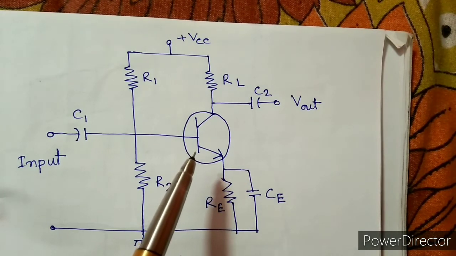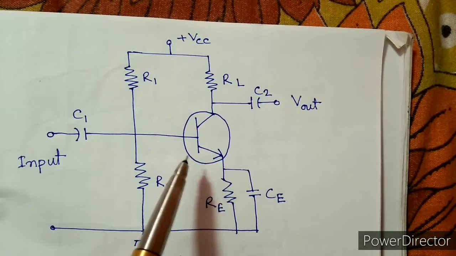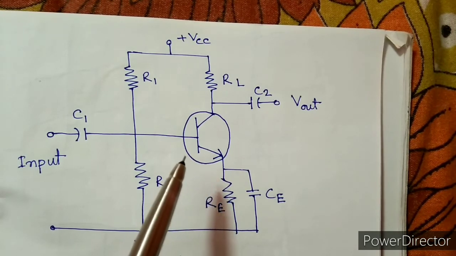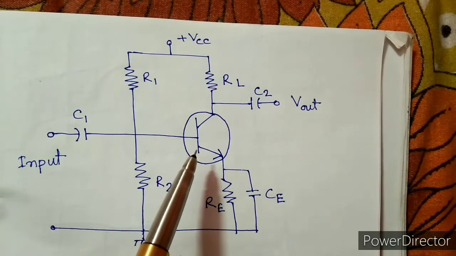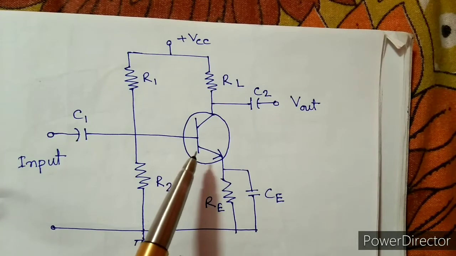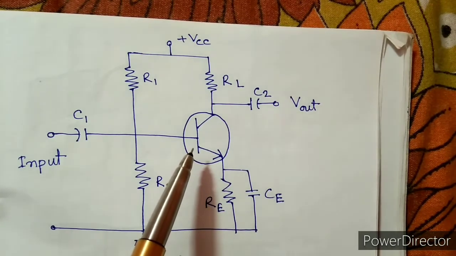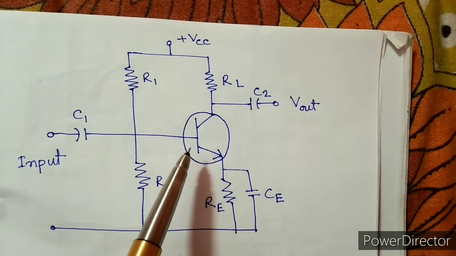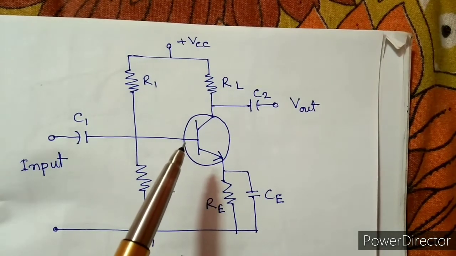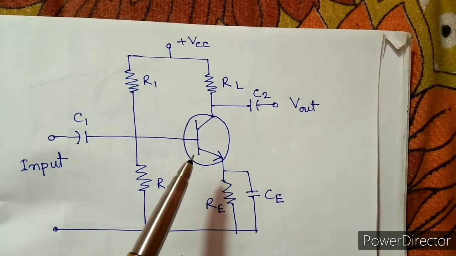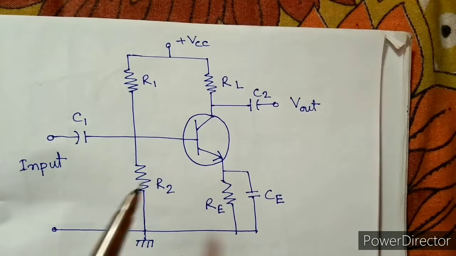For a power amplifier, that BJT or transistor should be a power transistor, and in case of a voltage amplifier we use normal transistors which can handle very low input.